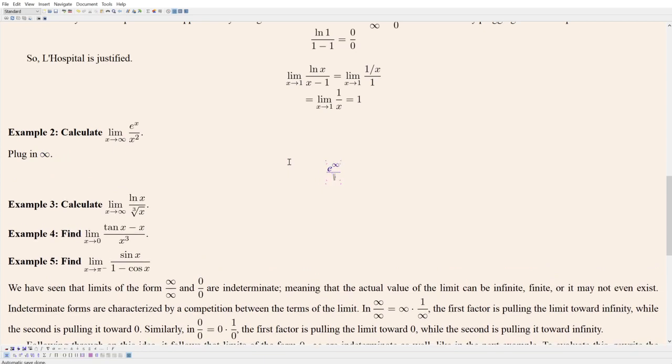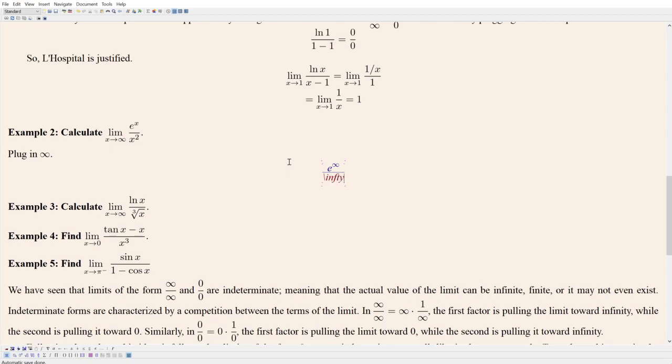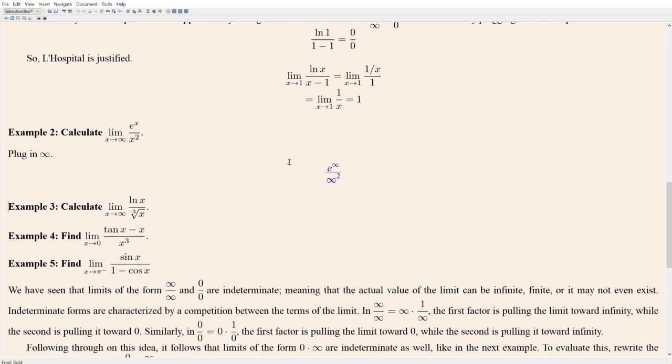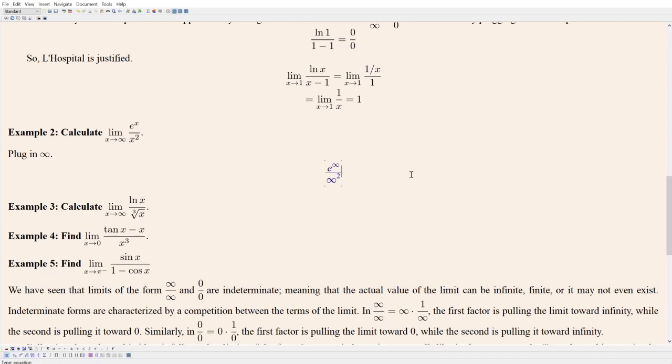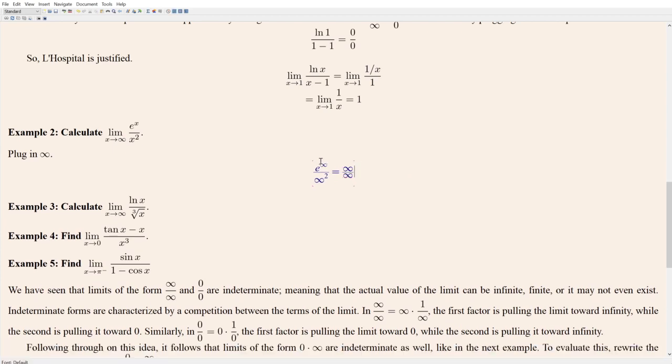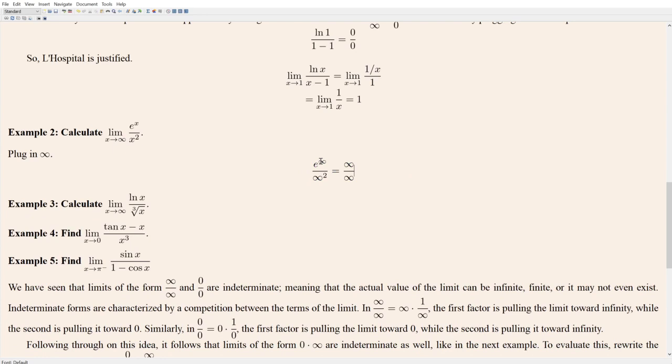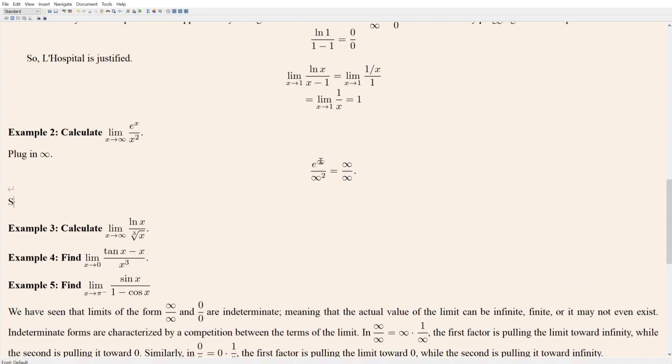I know this isn't strictly the best notation because infinity isn't a number, but really what we're doing is we're taking the limit as e to the x goes to infinity. Here we're taking the limit as x squared goes to infinity. So e to the x, of course, goes to infinity. That explodes. X squared also explodes. So we get infinity over infinity, which means that L'Hopital is justified.